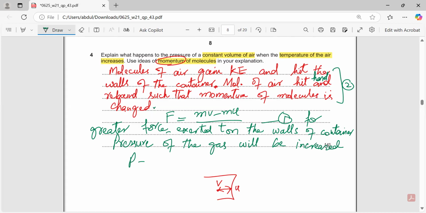And you can write this equation also, pressure is equal to force over area. So in this way, you will score all 4 marks.